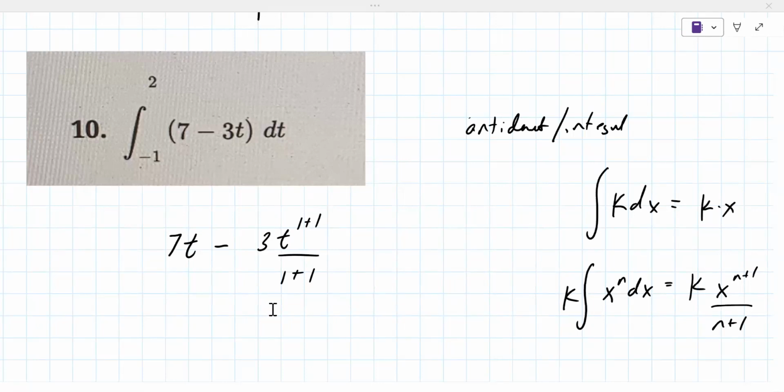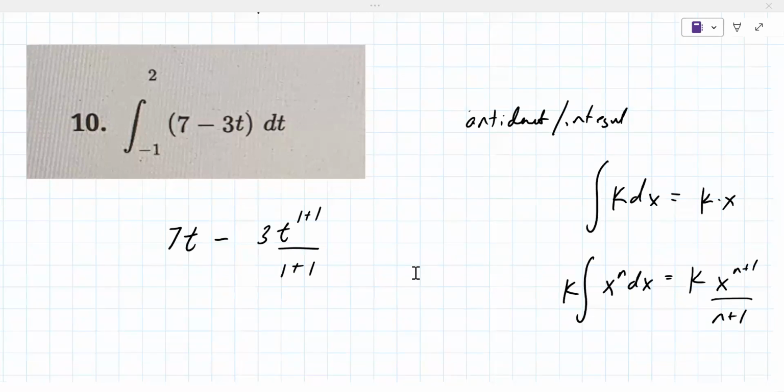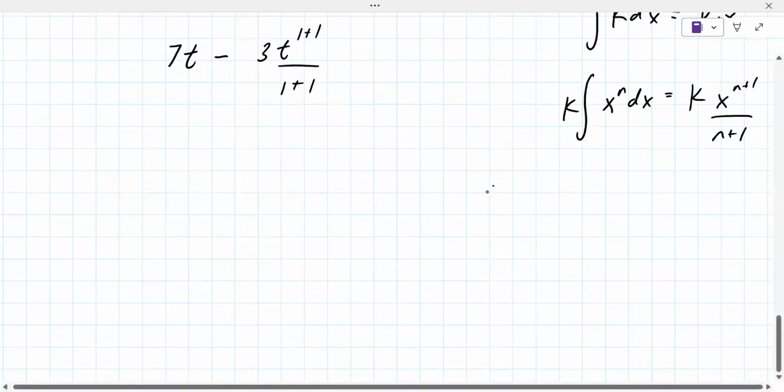All right, so now normally there's a plus C, right? And in this case, there is not a plus C. There are two types of integrals that you're going to see here.